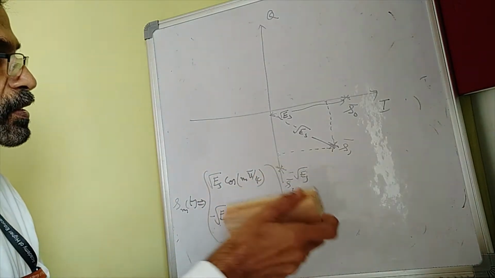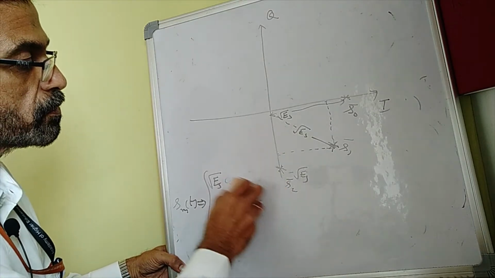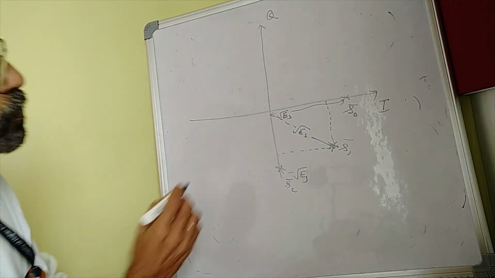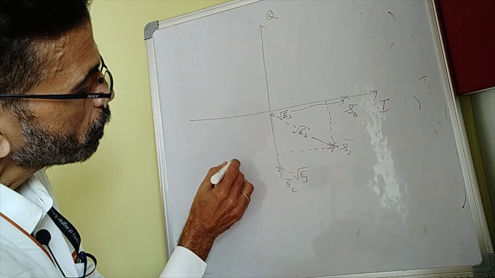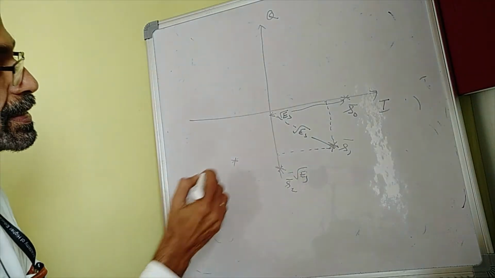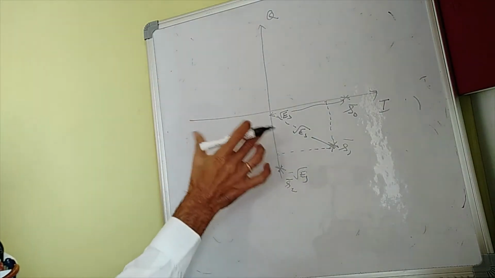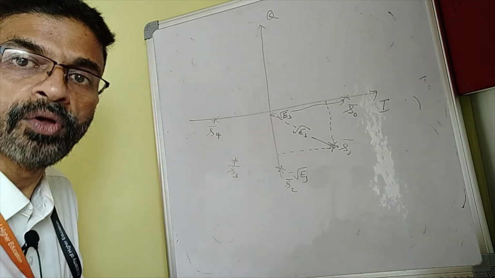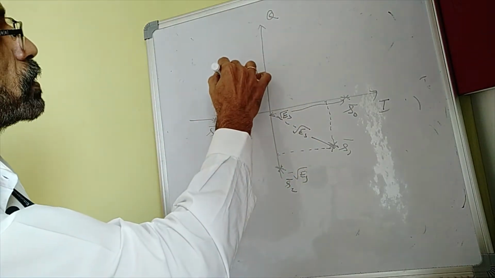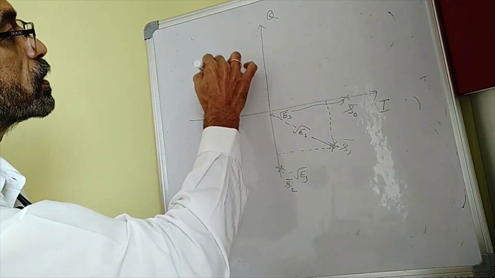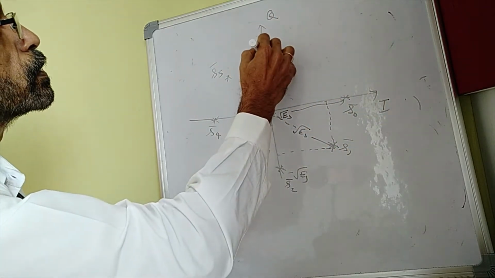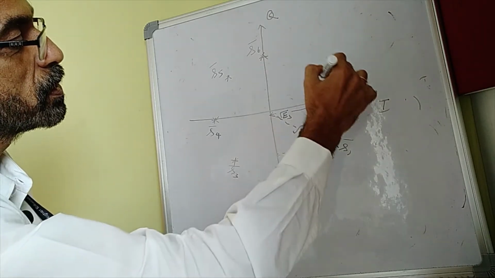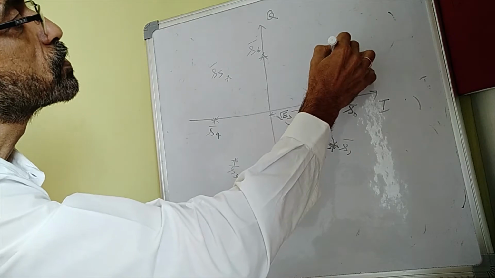And in fact, you can continue this, because now that we have seen enough of such constellations, we know that this will be S3, this will be S4, this will be S5, over here you have S6, and this will be S7.